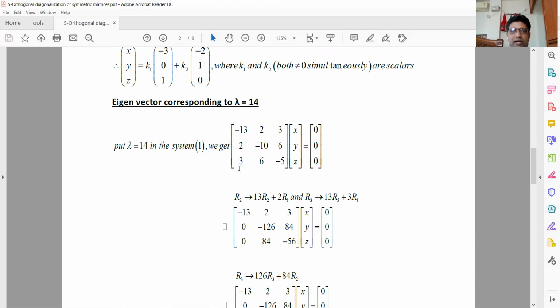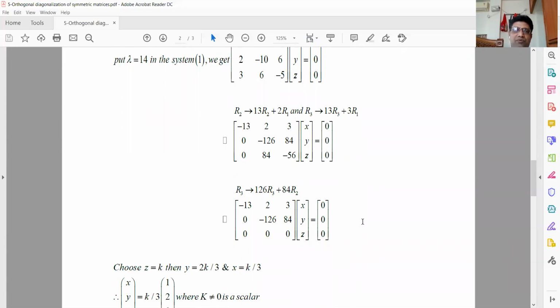Here I multiply the second row by 13 and the first row by 2 and add those two, therefore I will get 0 here. These are the two row transformations which we applied for the second row and third row, and we got this matrix.